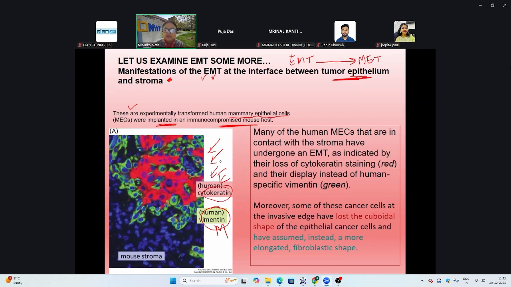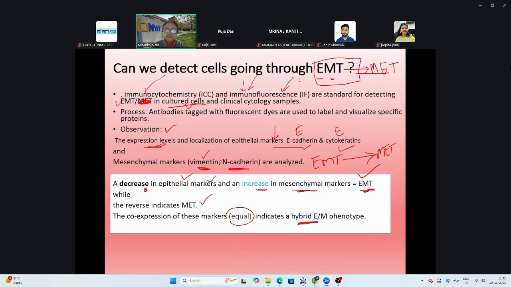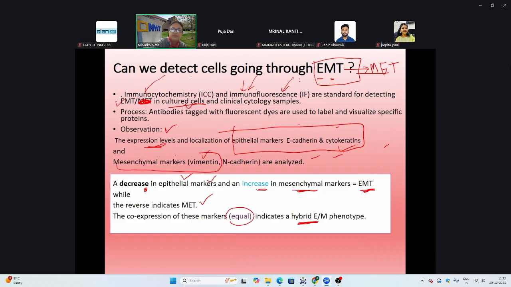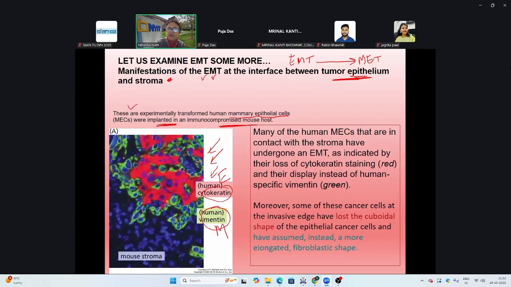So how do we know that? Remember I said that epithelial markers are cytokeratin, and mesenchymal markers are vimentin. So that's mesenchymal. It's becoming mesenchymal. If it's mesenchymal, what should it look like?